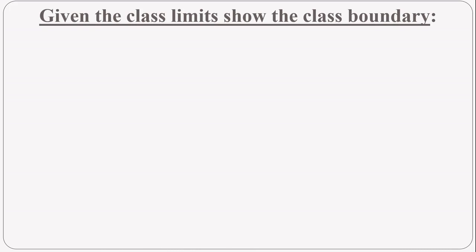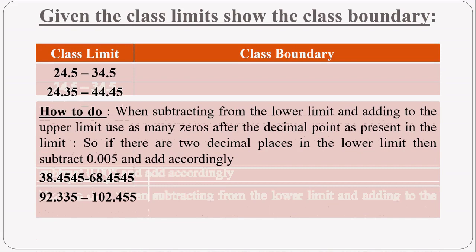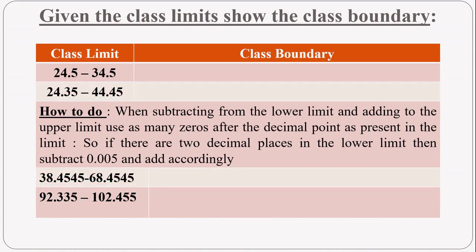Now let me first show you for the given class limits what will be its class boundary for the given table examples. Now dear students, class limits are given, class boundary we need to find. I already told you the rules for setting class boundary.